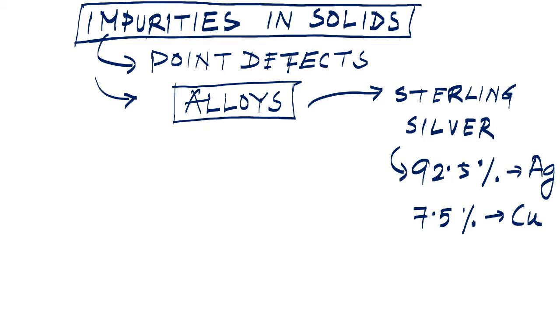In a normal ambient environment, pure silver is highly corrosion resistant, but it is very soft. For ornament use you can use it, and alloying silver with copper significantly enhances the mechanical properties, and also corrosion resistance.